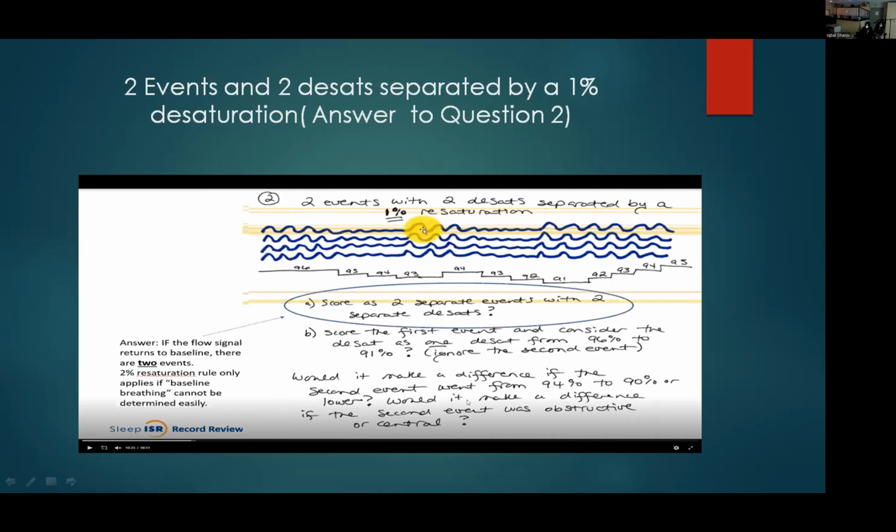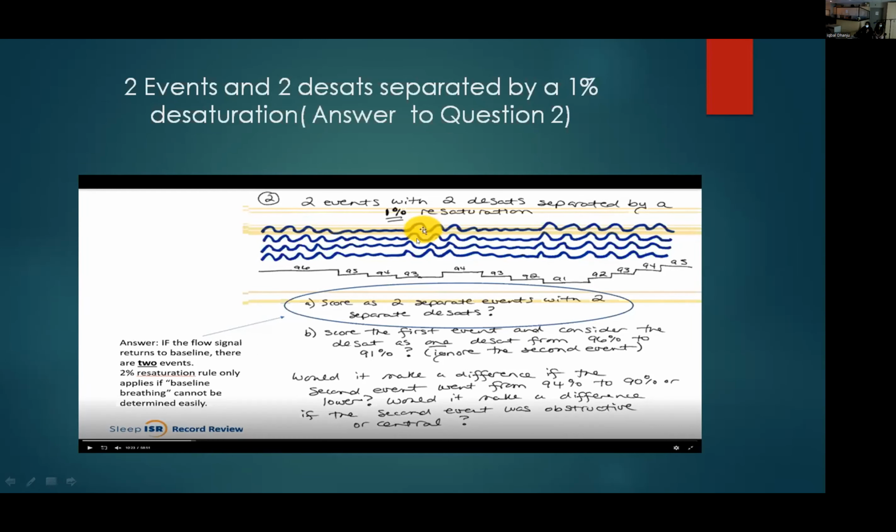So if the flow signal returns to baseline, there are two events. So it depends on the signals here. If it returns to the baseline, then there are two events with 2 desats. The 2% resaturation rule only applies if baseline breathing cannot be determined easily.